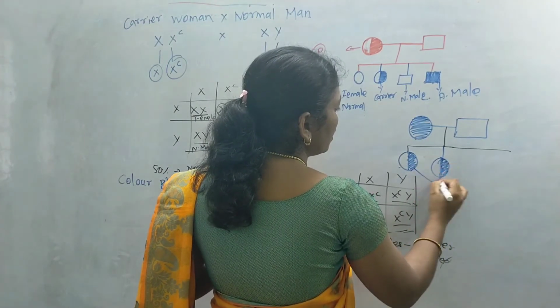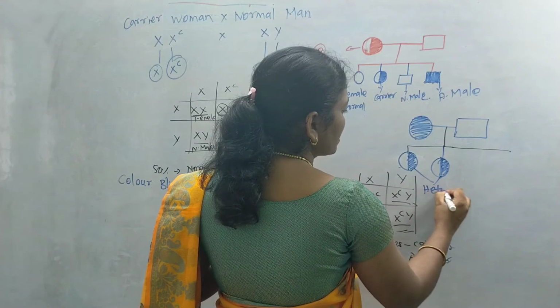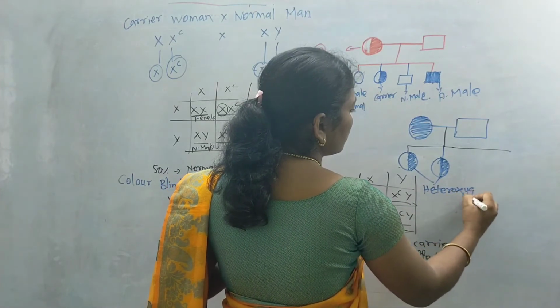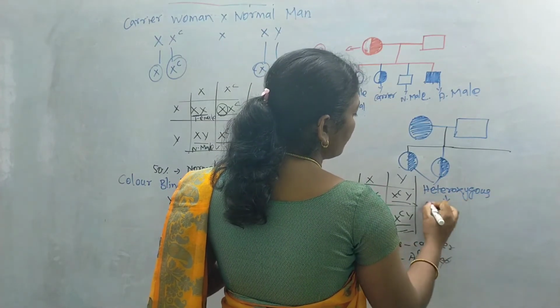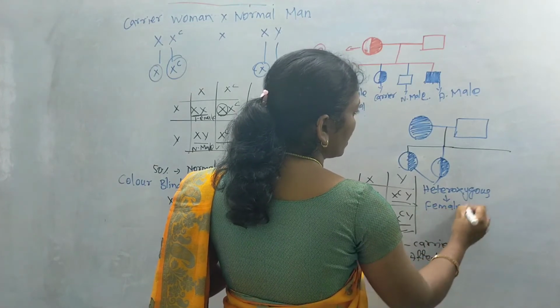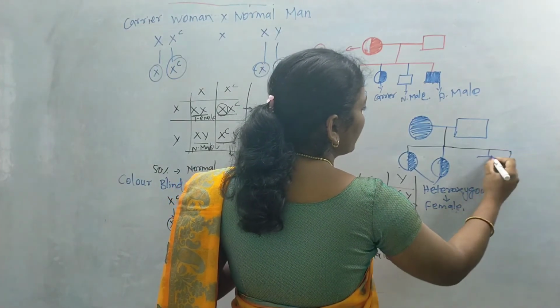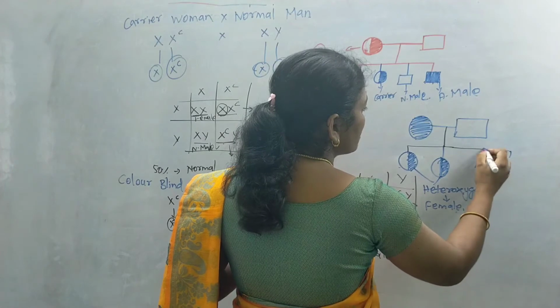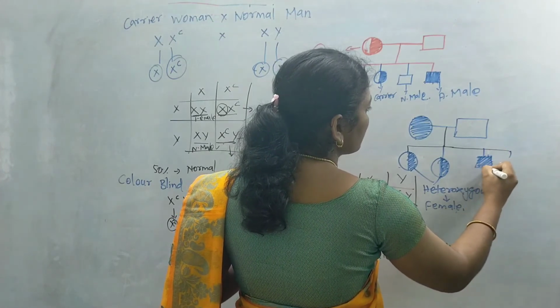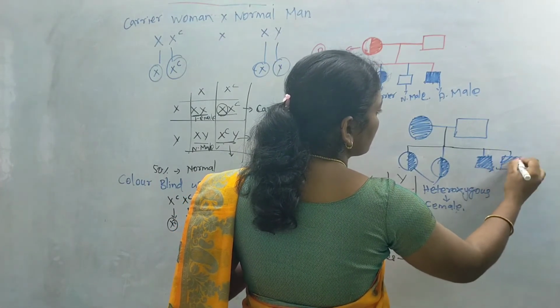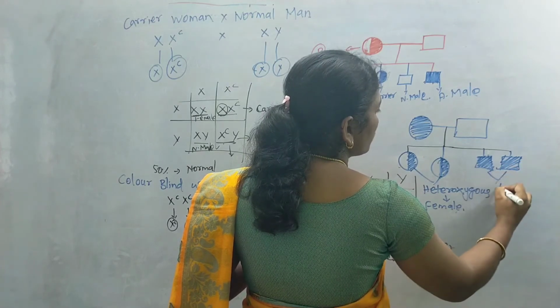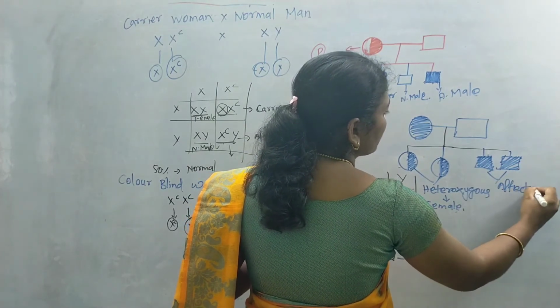They are not affected by the disease, they are heterozygous carriers, heterozygous to this disease, female carriers. And the males are affected by the disease, so we should shade this completely. So affected male.